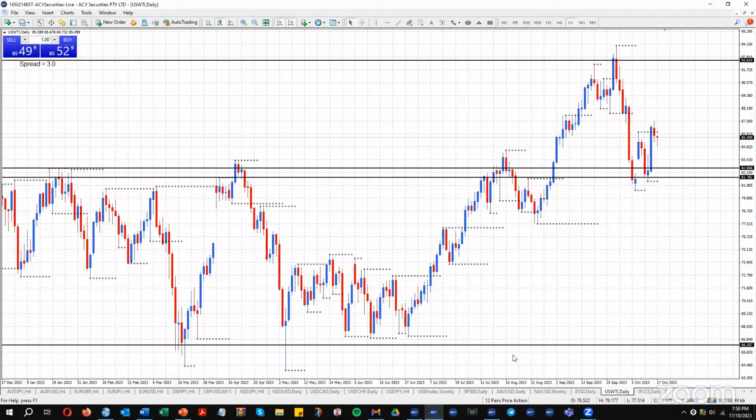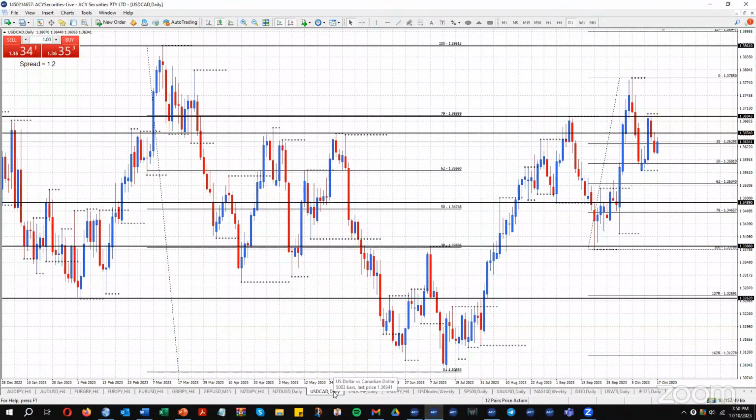So there's that to think about. And then you've got the Canadian inflation figures coming out today. So depending on what those figures do, so we have strong oil. If we get strong inflation figures from Canada, then we could see this moving down and failing at this very strong monthly level up here. The monthly 79% level.